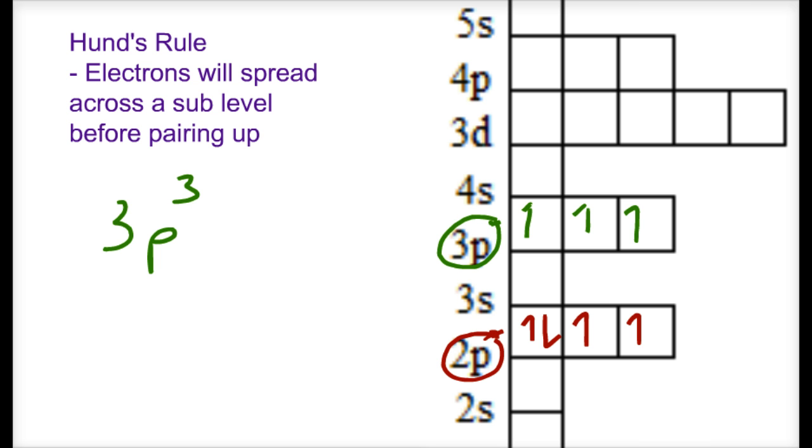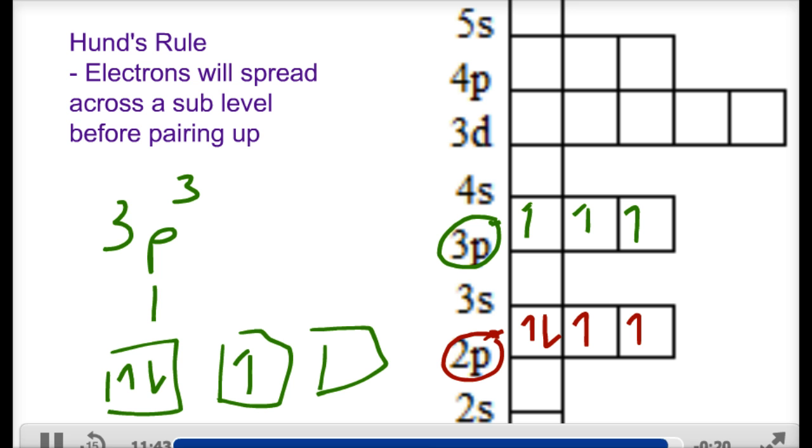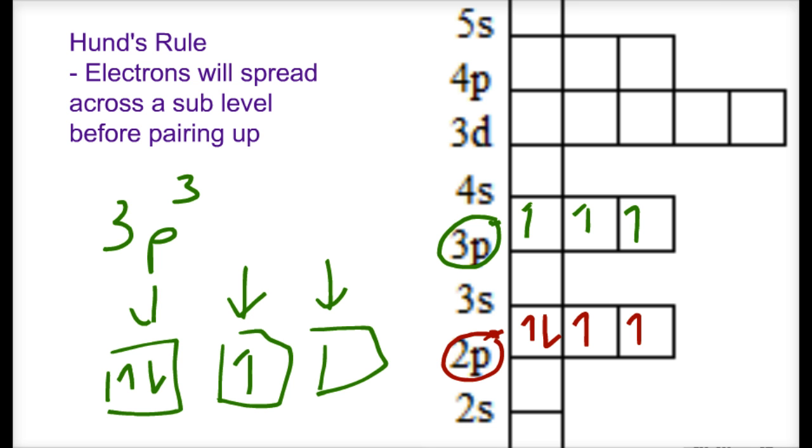I would not place my 3 electrons like this, because I have to put something in each one of these orbitals first, before I can go ahead and put a second one in anywhere. So that would be wrong.